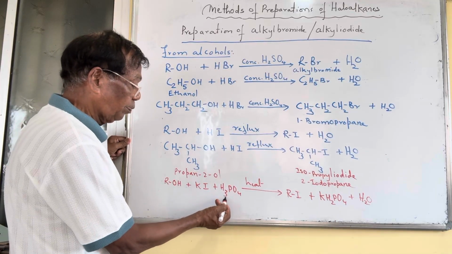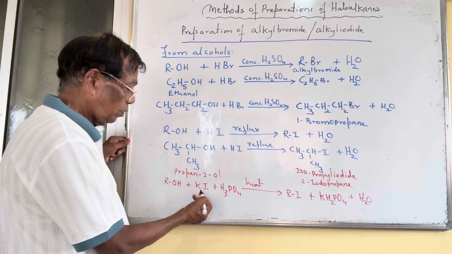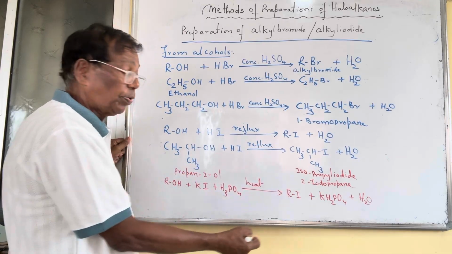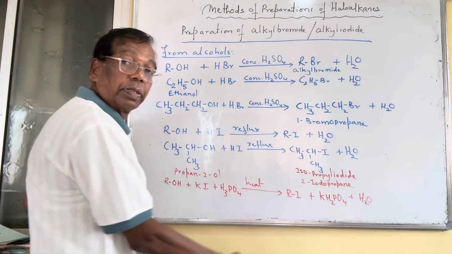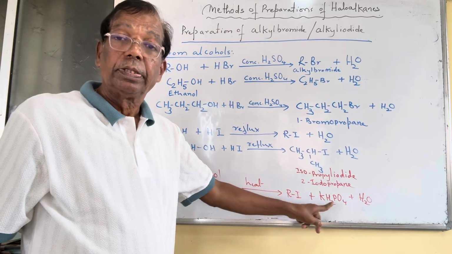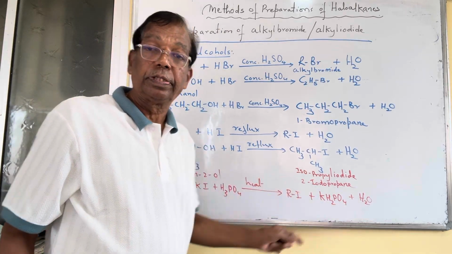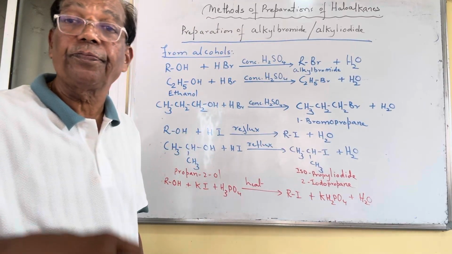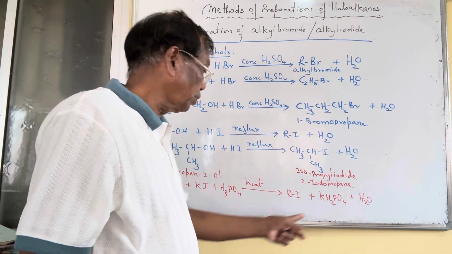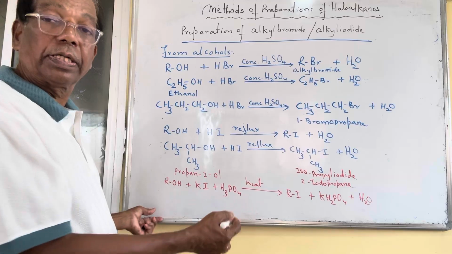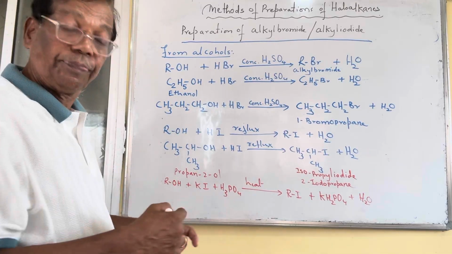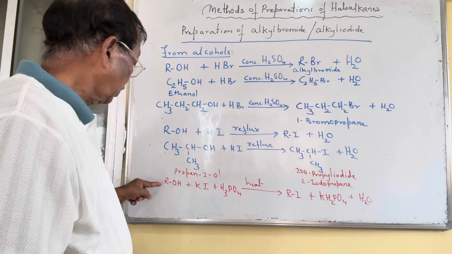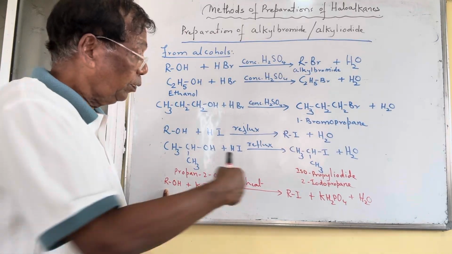If I remove H, what is left is KH2PO4. That's why I have written potassium. The name is potassium dihydrogen phosphate. According to whatever example they ask, you have to change the R group and accordingly you will get the compound.